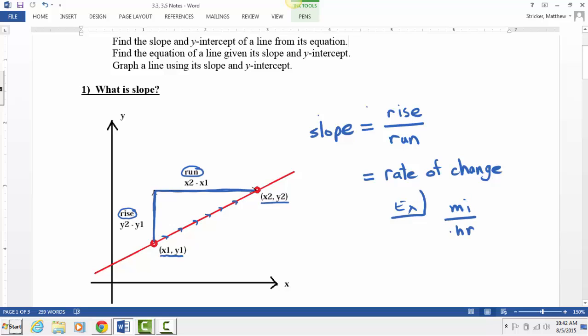That's a rise over run. You might have something like miles per gallon. And there's many applications of this, but for now let's just remember that slope can be thought of as a rate of change, and that slope is just a ratio that describes how much you rise to how much you have to run.